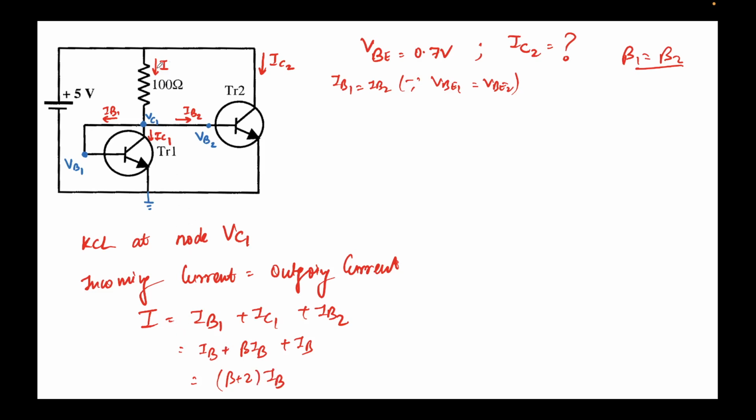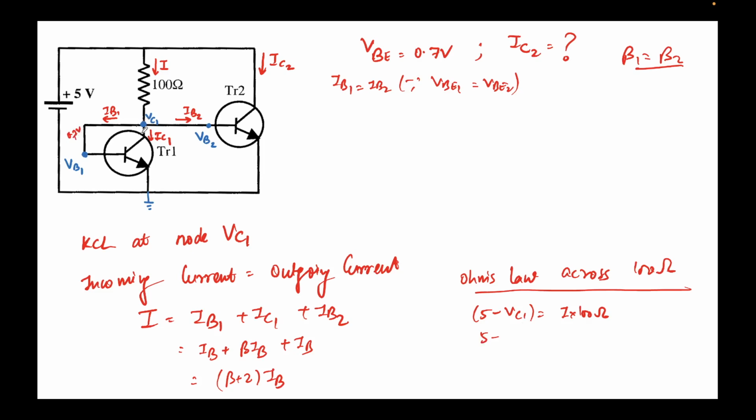Now, if I apply Ohm's law across this 100 ohm resistor, I can write 5 volts minus VC1 equal to I times 100 ohms. So what I'll get is 5 minus, now what's the value of VC1? Note this is 0, and we were given VBE equal to 0.7, so this node is at 0.7 volts, right?